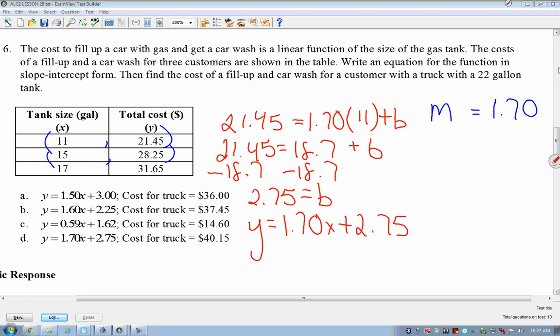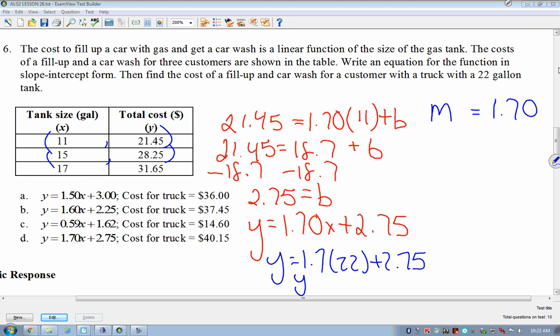Now, although we could eliminate all other answers except one, we're not really done yet, right? Because I want to show my work on how much it's going to cost if a truck comes in with a 22-gallon tank. Where am I going to put that 22? I'm going to plug it in for x. Okay, so y equals 1.7 times 22 plus 2.75.